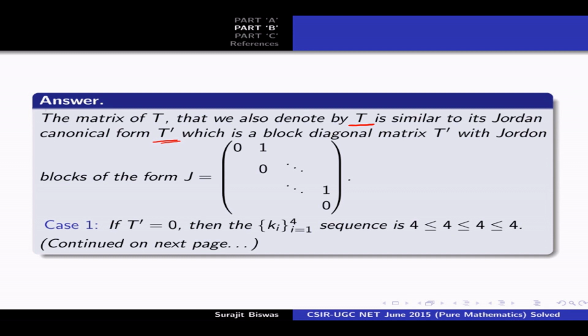Case 1: if T' equal to 0, then T equal to 0, and from here we can compute each Ki to be equal to 4, and hence the sequence is this.